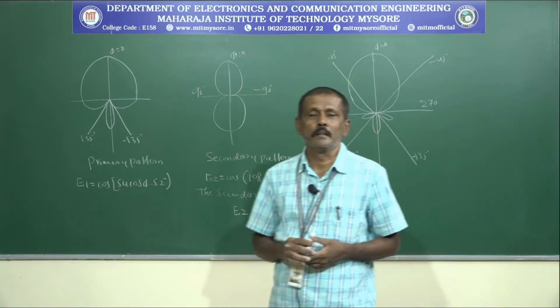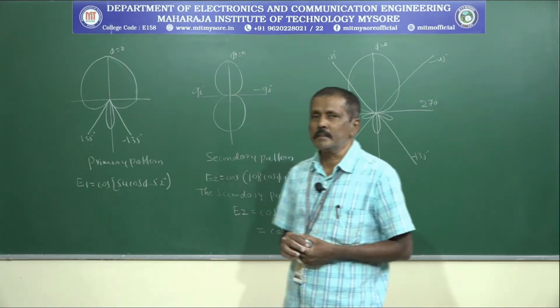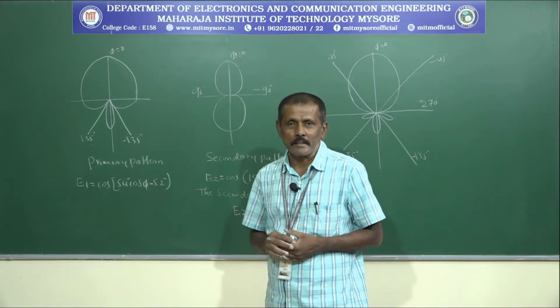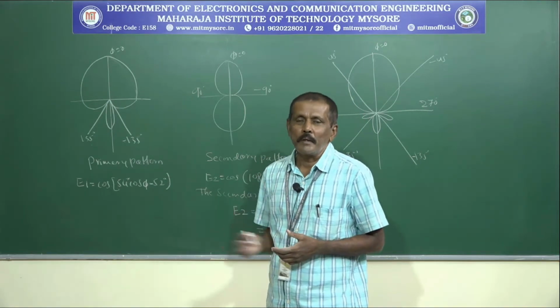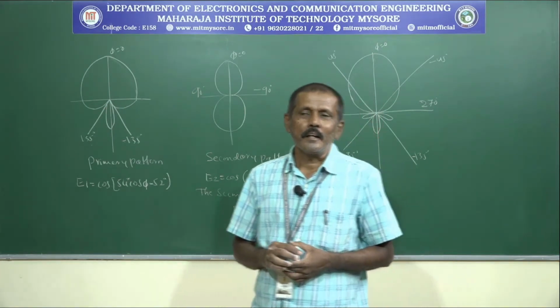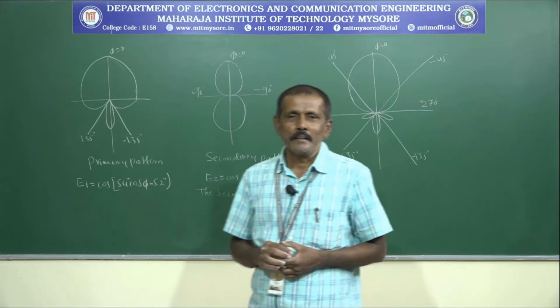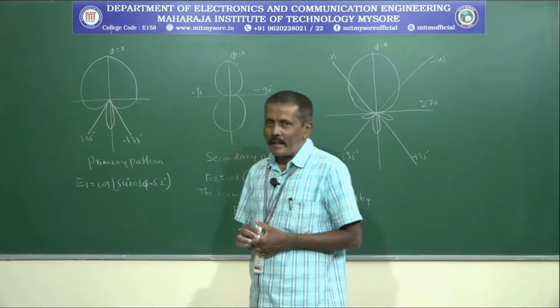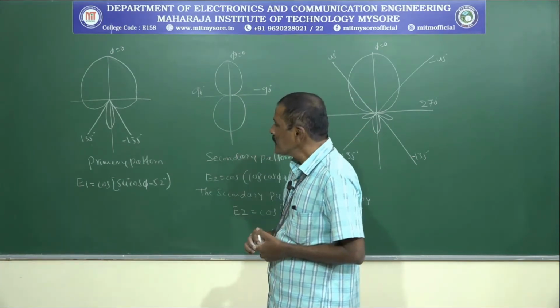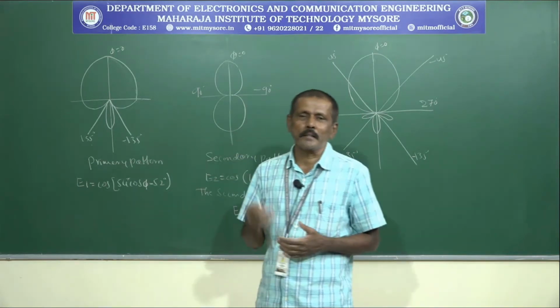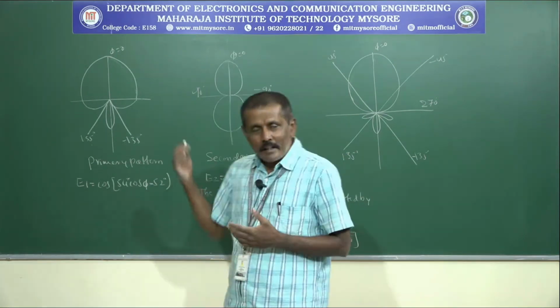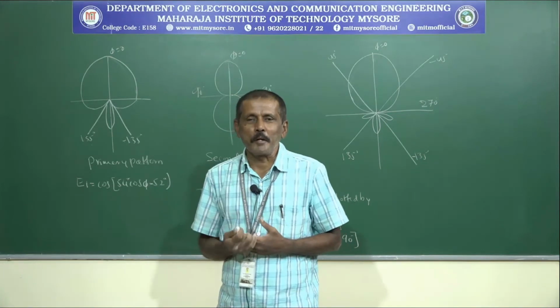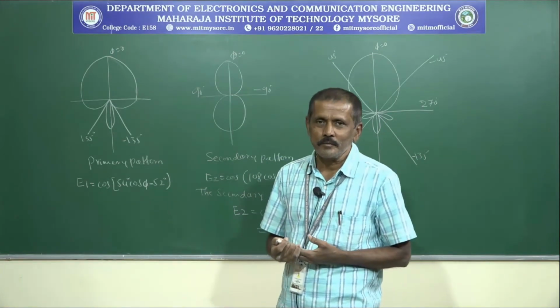After all the preliminary calculations, now we can draw the pattern of the antenna array where we have the primary patterns and the secondary patterns, and array synthesis can be obtained by pattern multiplications.